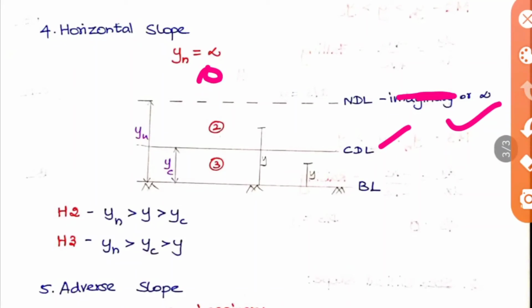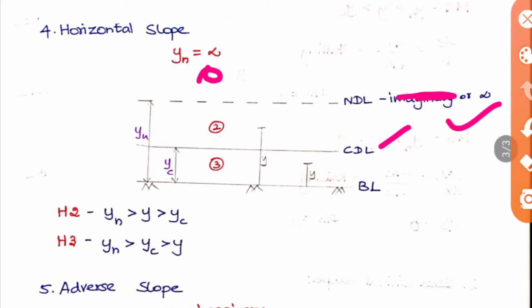So here only the H2 and H3 profiles exist. In H2, yn will be greater than yc, which is greater than y, and in H3, yn will be greater than yc, which is greater than y. So now, the examples for H2 and H3: this is similar to the M2 and M3 profiles, but the only difference is the slope is horizontal here.